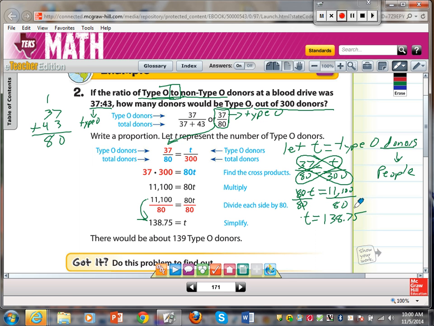So whenever you're talking about something that cannot be broken down, you have to round it to the next whole number. So in this case, T is going to equal 139. So 139 type O donors. That's how it should look.